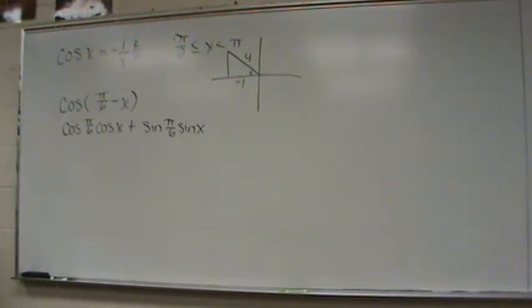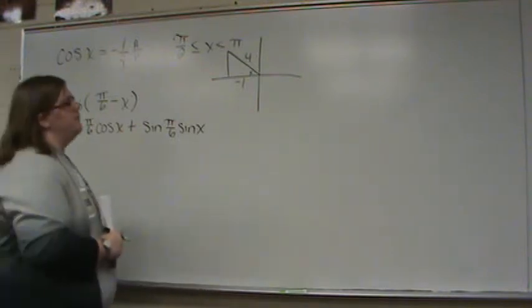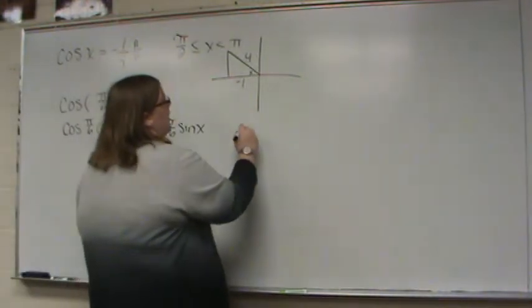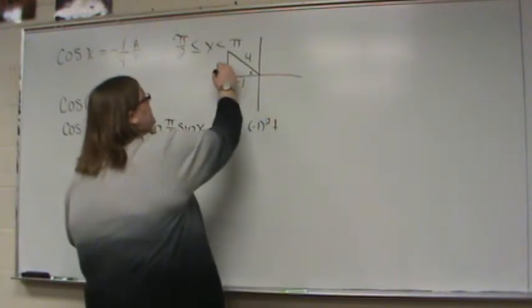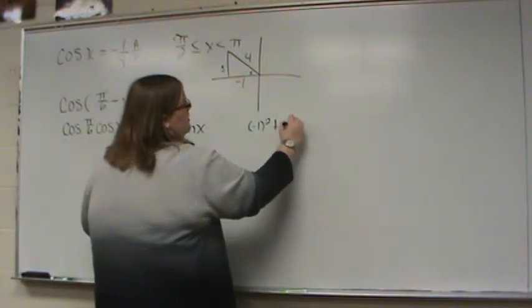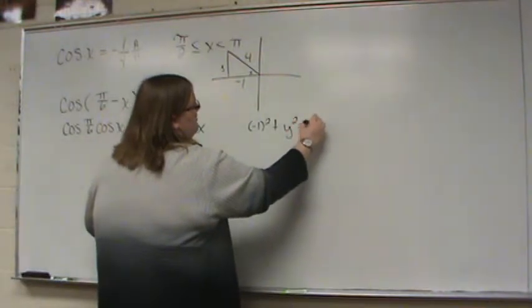Can we find our third side? We're going to use the Pythagorean theorem. So we know that -1 squared, we'll call this y, plus y squared equals 4 squared.